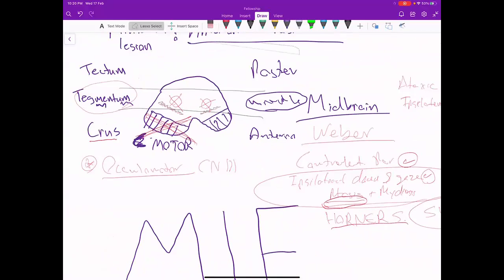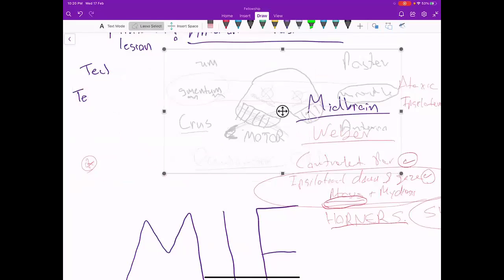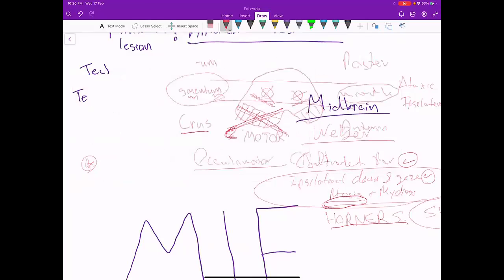Claude? You mean the Benedict syndrome? Exactly. Clear? That's the only two things. So in a nutshell, Weber is responsible for paralysis and oculomotor. As the name suggests, it's a web.